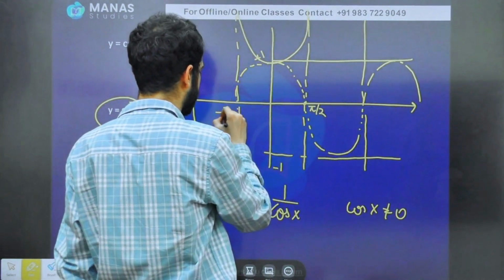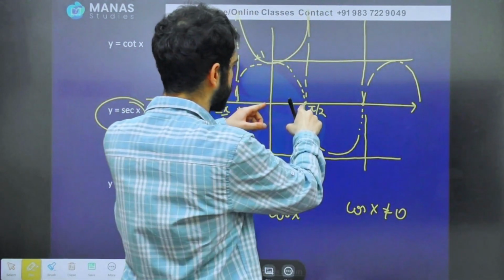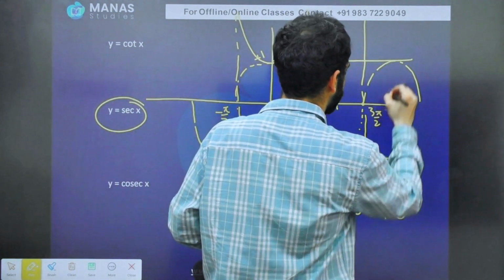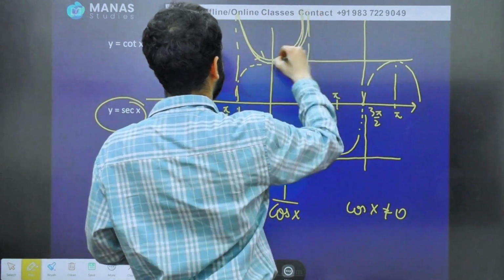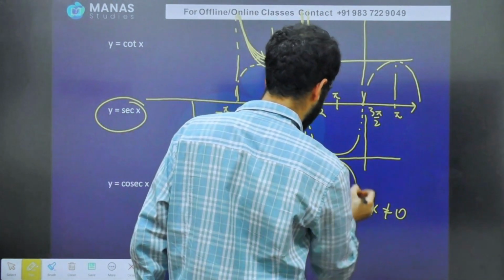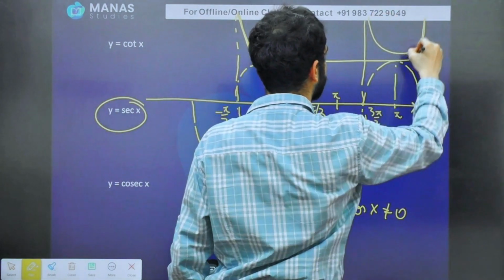Similarly, on the negative side, that is minus pi by 2, and on the positive side, as we can see, this is going to be pi by 2. Here we will have pi, here it will be 3 pi by 2, and this point will be pi. So the graph would be this, then this, and not defined at pi by 2 and 3 pi by 2, not defined at 3 pi by 2 and 5 pi by 2.